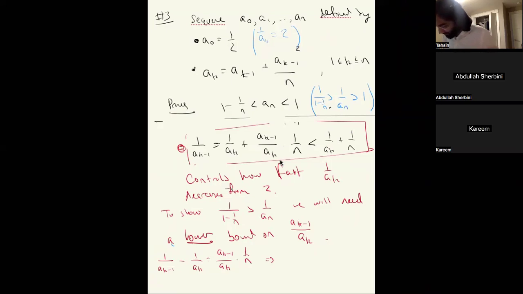what does it tell us? It tells us 1 over an is equal to 1 over a0 plus, maybe minus actually, minus the sum from k equals 1 to, n, I think, k equals 1 to maybe n minus 1.